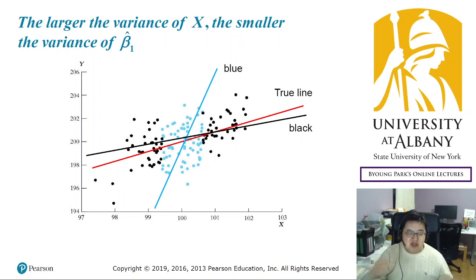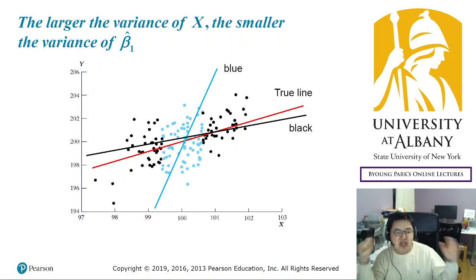So in that case, no estimation is possible. That's the most extreme case, where the variation is zero. As I said, outliers are bad, but having no variation is also very bad. So you should have enough variation in X to have a stable and reliable estimator.